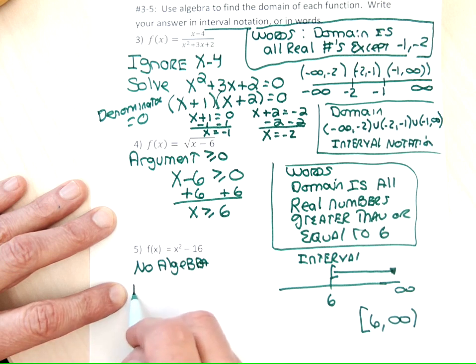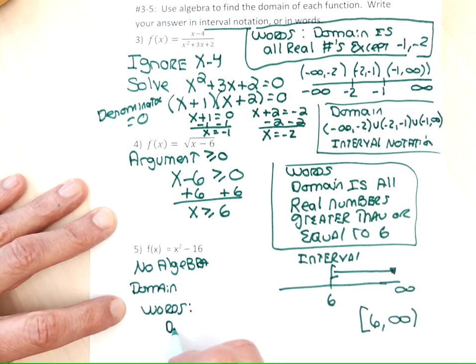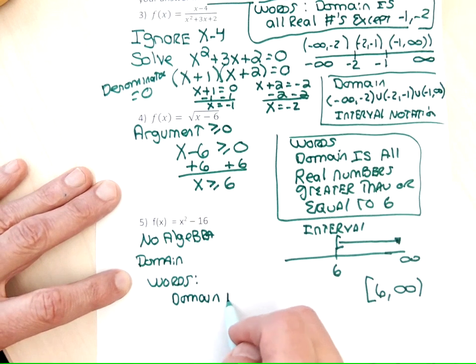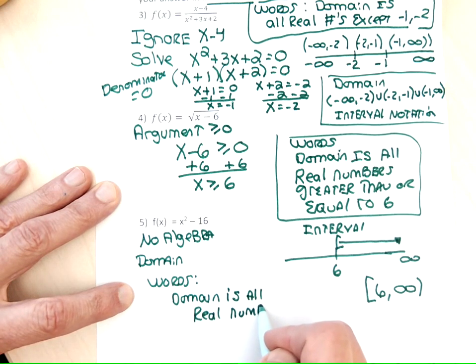So for this, the domain is just going to be, in words, all real numbers, without any except, without any greater than or less than, without any algebra. If you do any algebra, you're messing up.